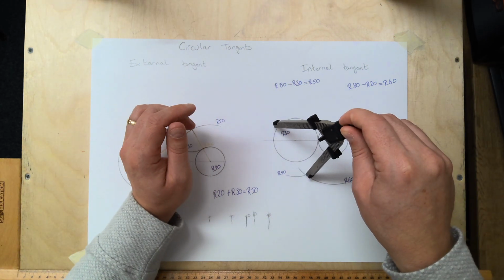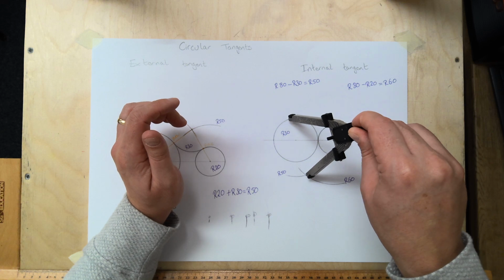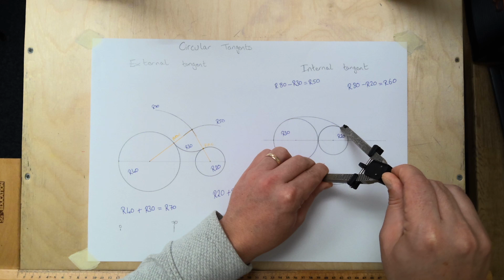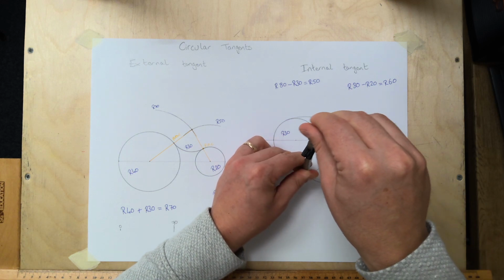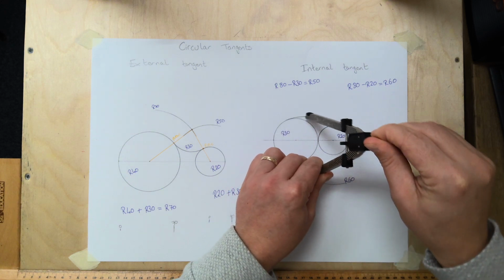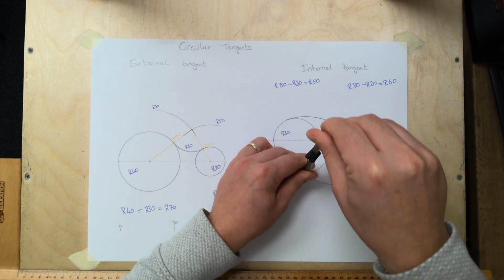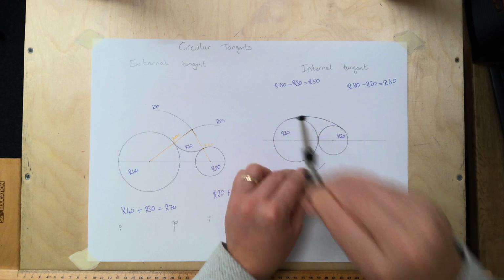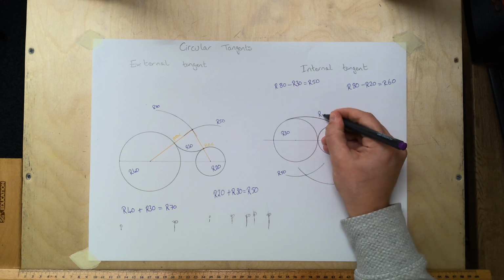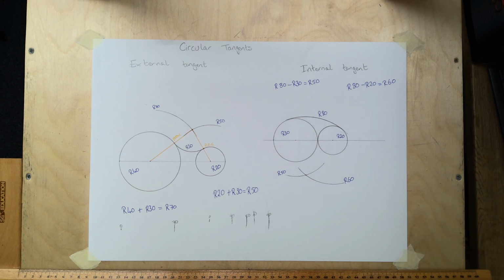And we're just going to hit the circle, the big one, which is 30, down as far as the smaller one. There is my tangent there. A little bit darker. Okay, so that is my big circle, which is the radius 80.